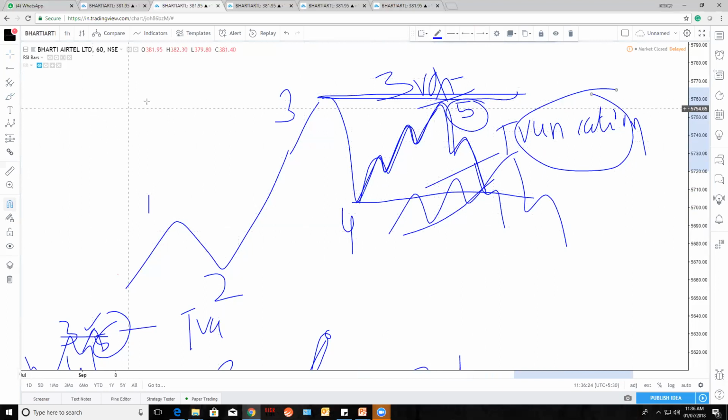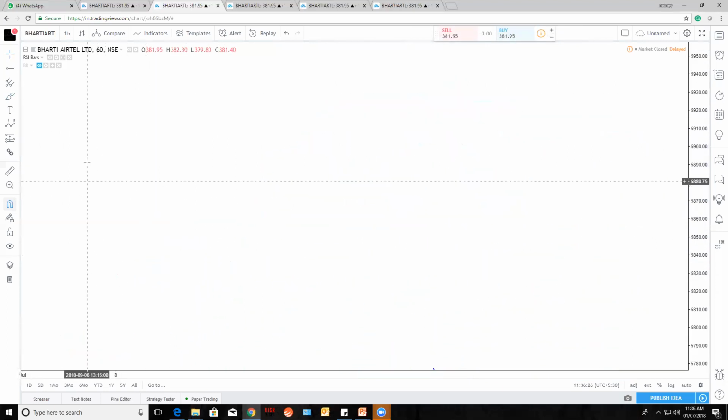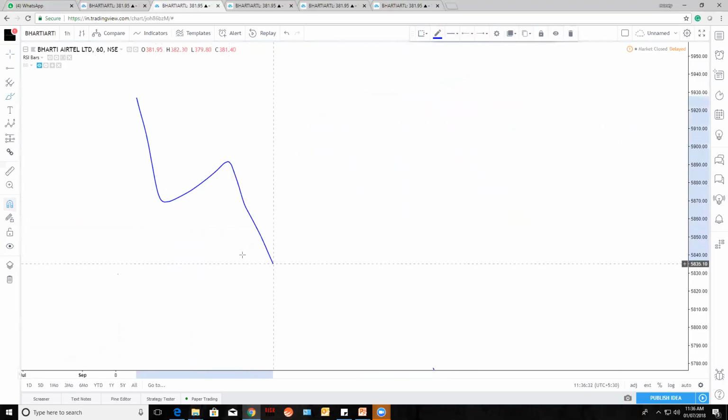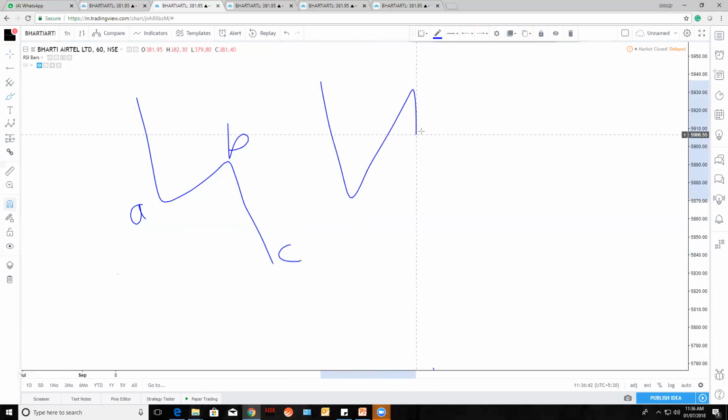And there is one more possibility, that is whenever the C wave fails. So let's say this is A, B, and C. It's a normal ABC structure. Let's say there is A, B, and C, and internally there are 5 waves.